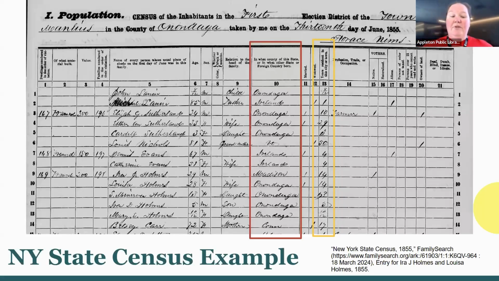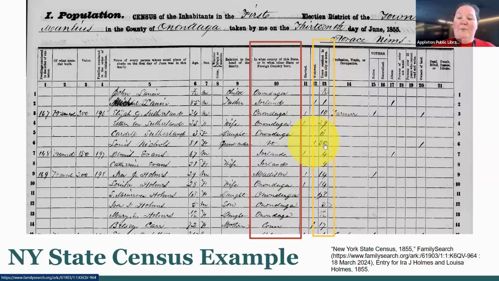So again, here's an example of a New York State Census from 1855. Right here in this column, they're asking, if you were born in this state, what county? And then other people are listing a specific state or a specific country if they were not born in that state. Another helpful column was the years they resided in that city or that town.